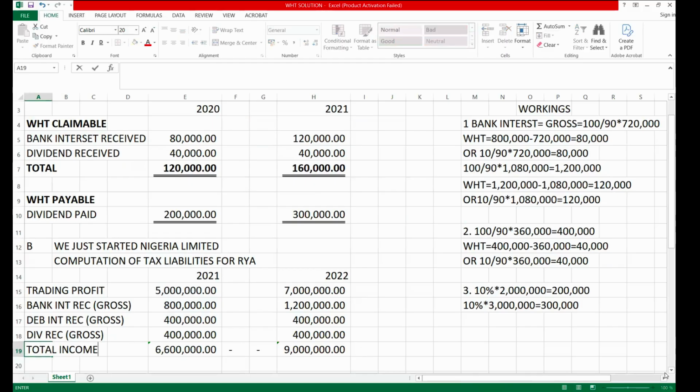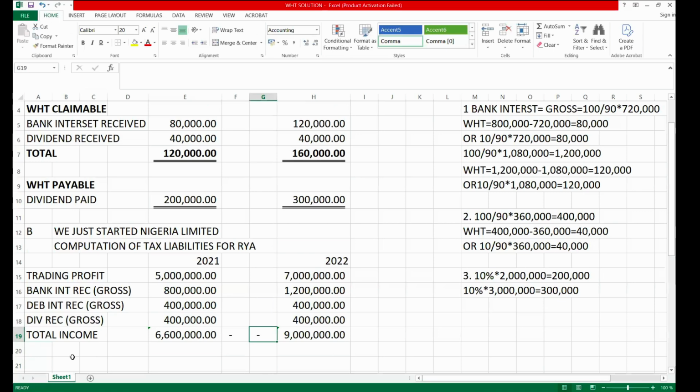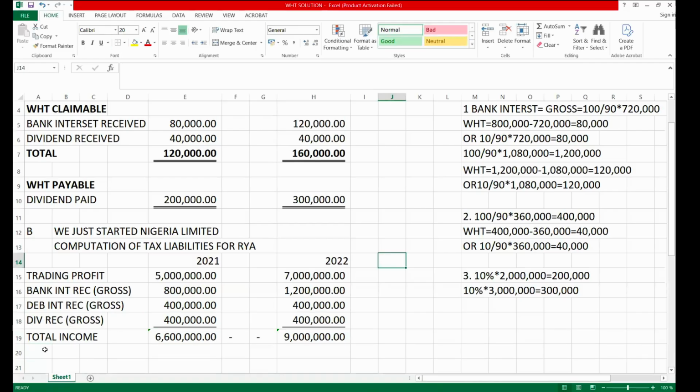Out of this income, there is a particular income that is franked investment income. Which income is franked investment income? Who can remind us? I mentioned it last week. Dividend. Thank you very much. So dividend is franked investment income. I told you that the final tax on franked investment income is not going to be available for subsequent tax liability.